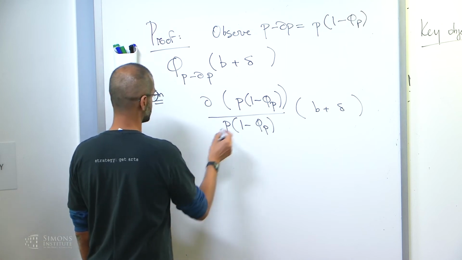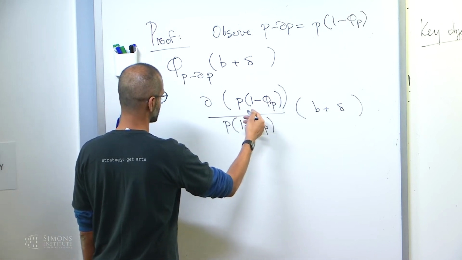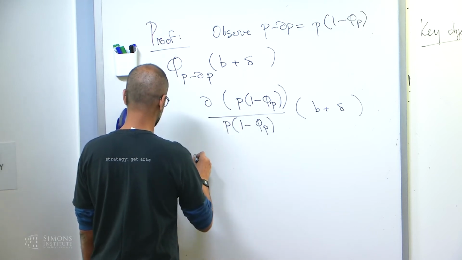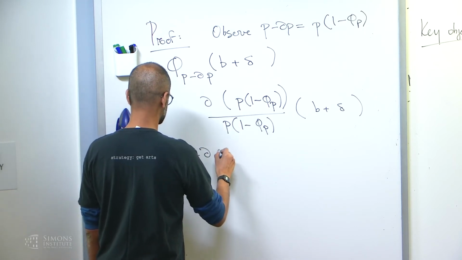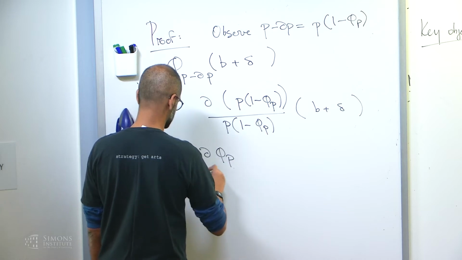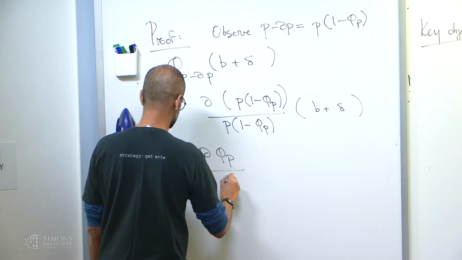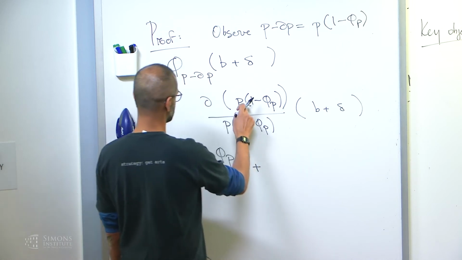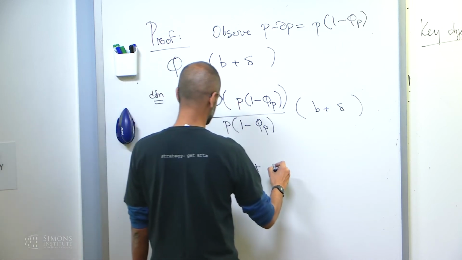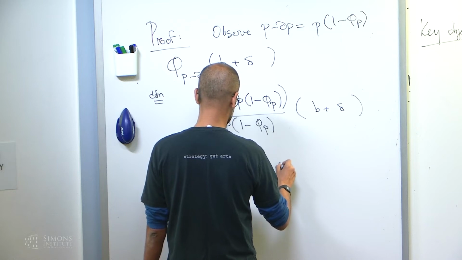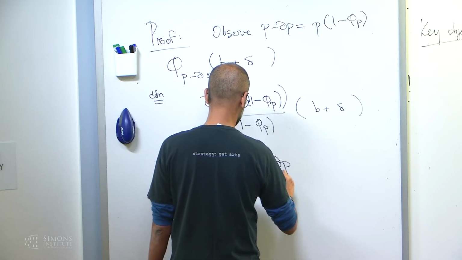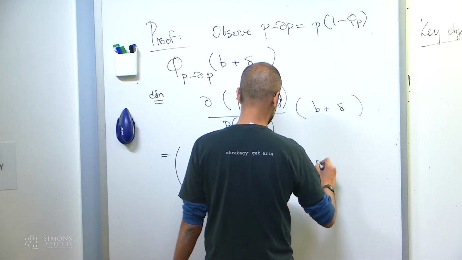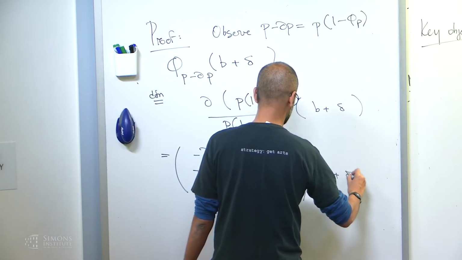Now, if I just differentiate this, I get two terms. In the first term, the P's cancel, and I get minus the derivative of the barrier function, over 1 minus the value of the barrier function. In the second term, I get derivative of P over P, which is just the barrier function itself, again evaluated at the point B plus delta.